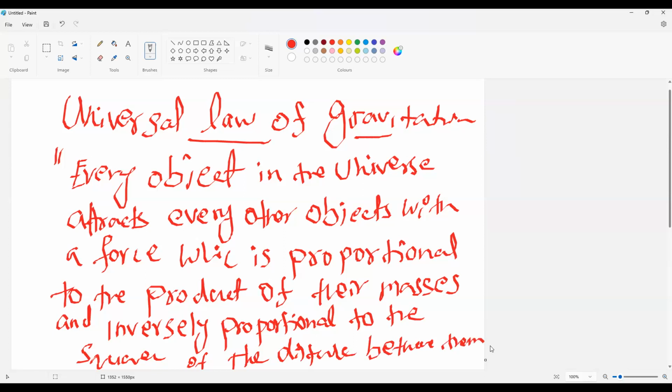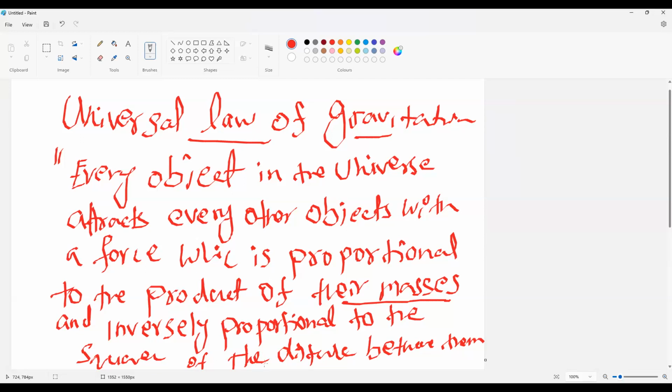Is it clear now? This is the concept of the universal law of gravitation. So here size matters, their masses. You understood? See, we are able to lift an apple with a free hand, but we cannot lift an elephant. Am I right?